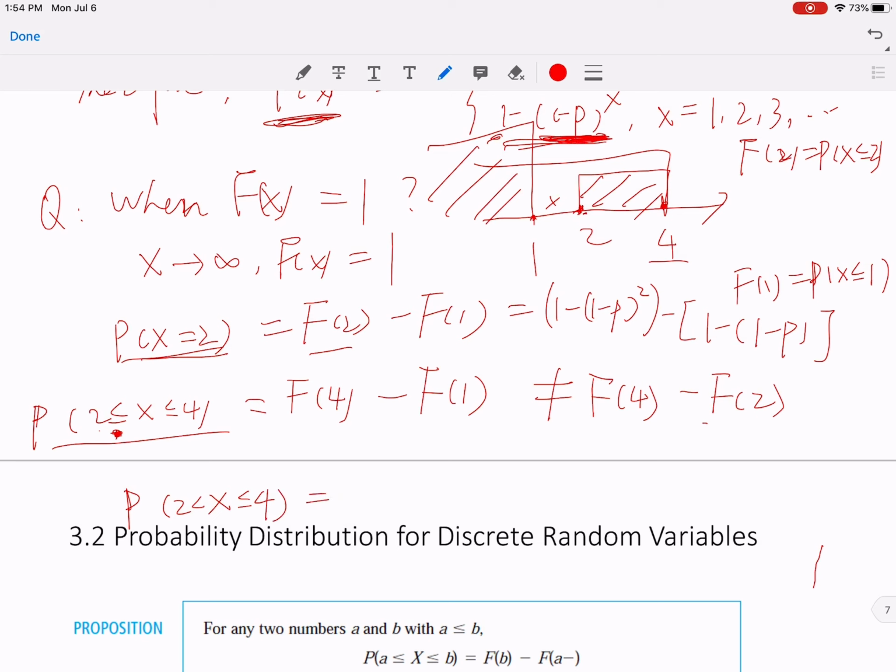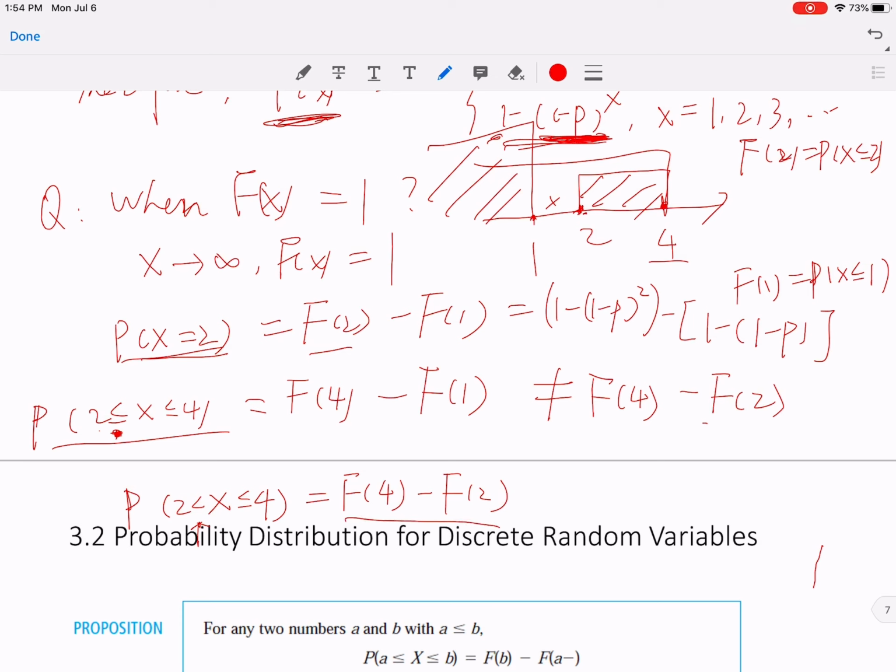In this case, this would be equal to f of 4 minus f of 2. Why? Because we don't have the equal sign over here, okay? We don't want the 2 included in the interval. We want to get rid of the 2 from the interval. That's why we subtract f of 2.